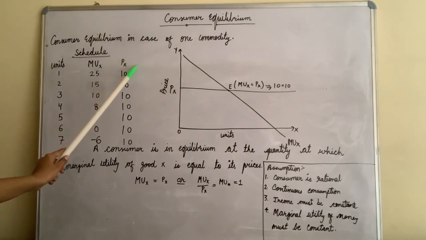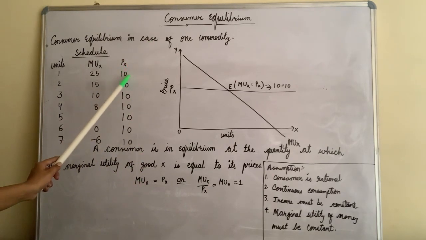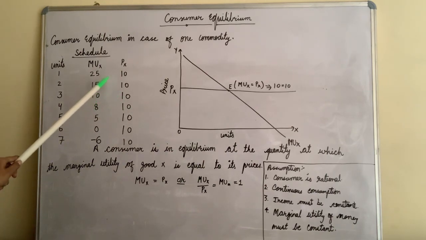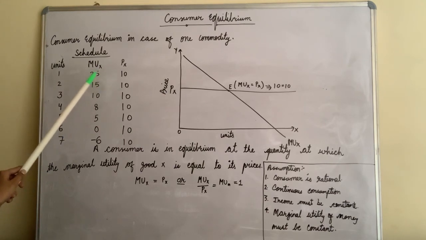So now to the schedule of consumer equilibrium and diagram representation. I am taking an example of KitKat. The price of a KitKat is 10, and I will eat KitKat until its price and my satisfaction become equal. So how is it possible? If I eat the first unit of KitKat, it gives me 25 satisfaction.